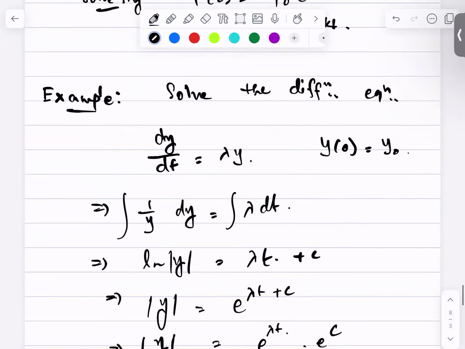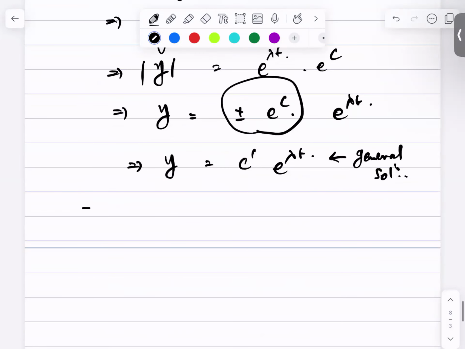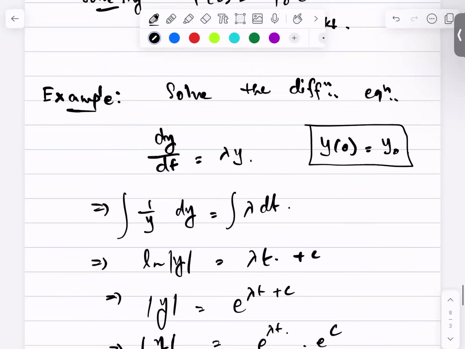But I have one more constraint there, so I should get the particular solution. When I have one or more constraints given in the problem of a differential equation, my solution should be a particular solution. So I know that at t equal to 0, my y is y naught.